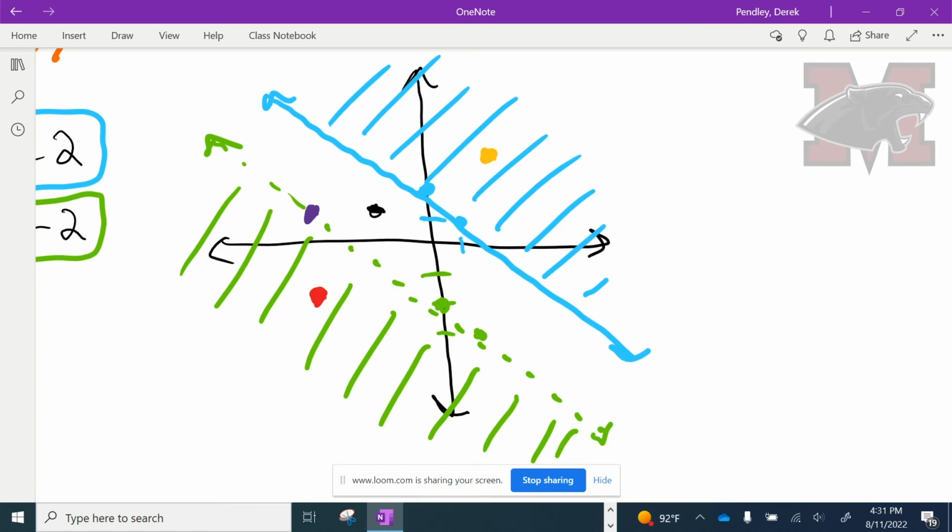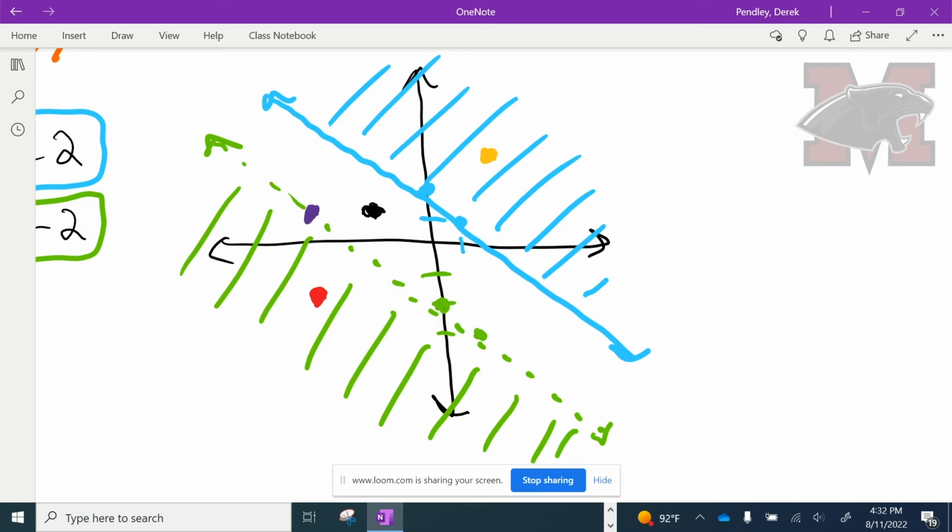So the red dot is true for the green equation. The black dot is not true for either one. Notice it doesn't fall in an area where it's shaded at all.